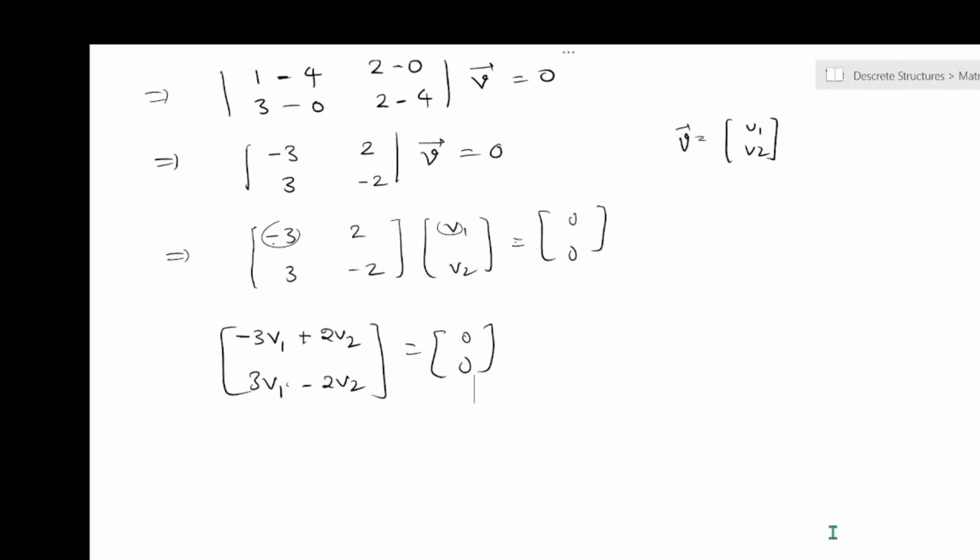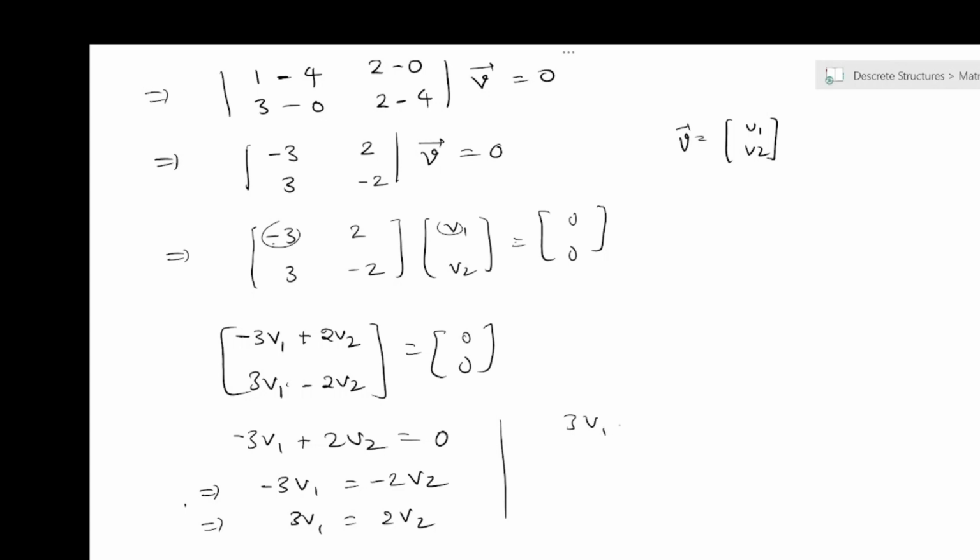Therefore here we got two equations. One is minus 3 v1 plus 2 v2 is equal to 0.